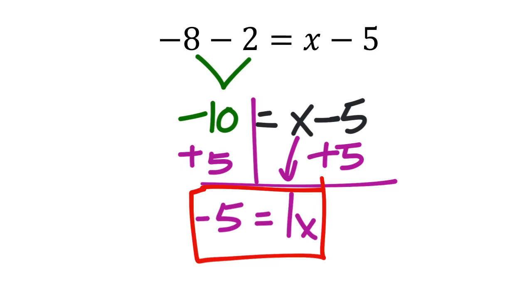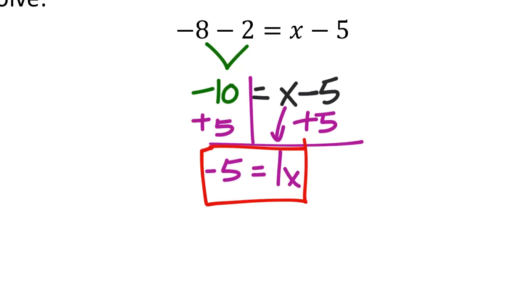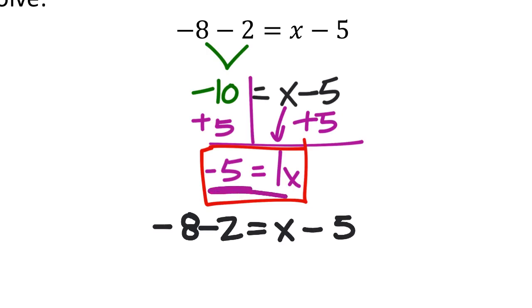Let's go through the work on this one on how to check. Now, we do need that negative 8 minus 2, right? And I'm sorry, I'll start from the beginning. So let's go back to the original equation. Negative 8 minus 2 equals x minus 5. Now right here, we just showed that x equals negative 5. So I am replacing that x with negative 5.